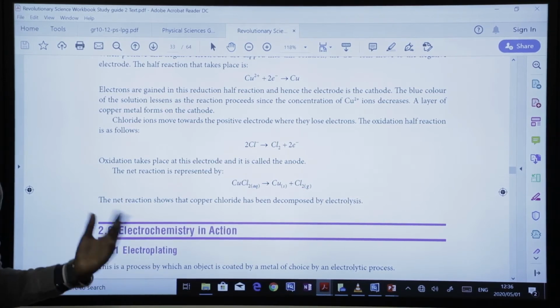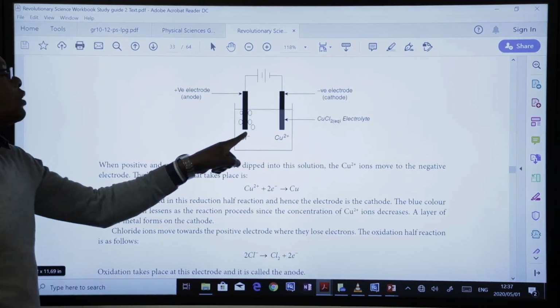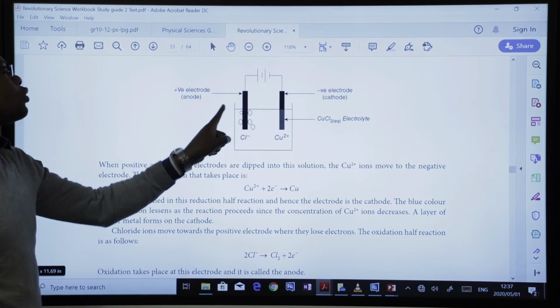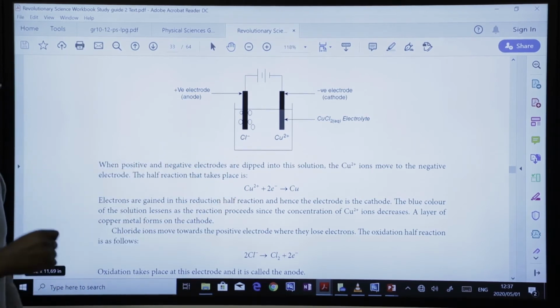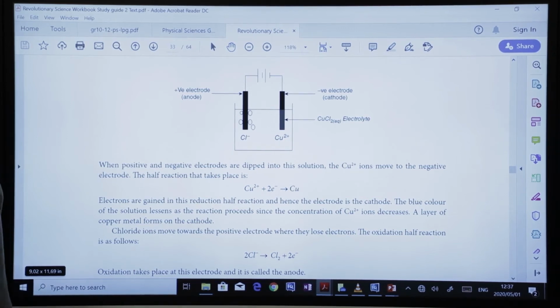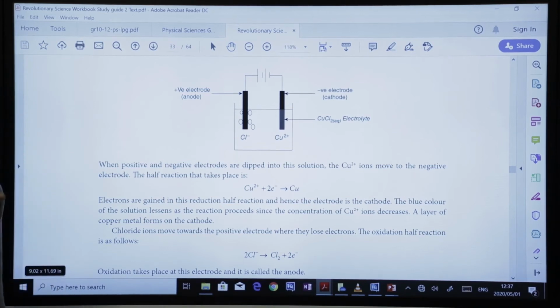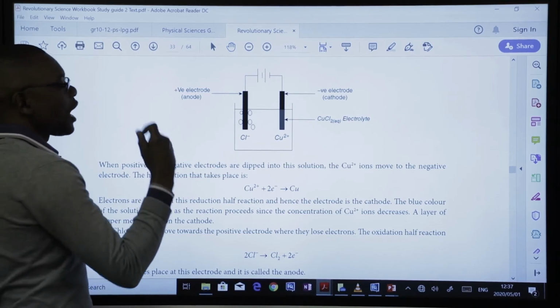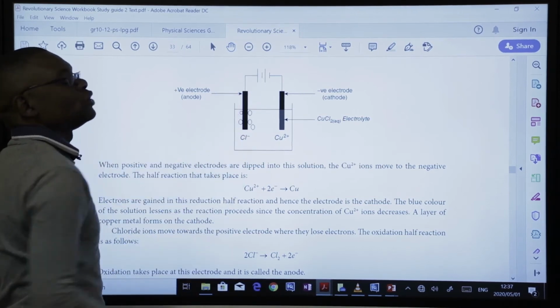We know a gas does not stay dissolved in a liquid, so that's why in this representation we can actually see that we have got some bubbles around the anode. It's because the chloride ions are turning into chlorine gas, and it is those electrons they have given up onto the anode electrode which are carried back to the battery.